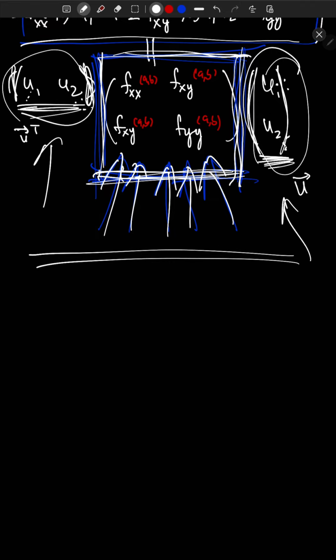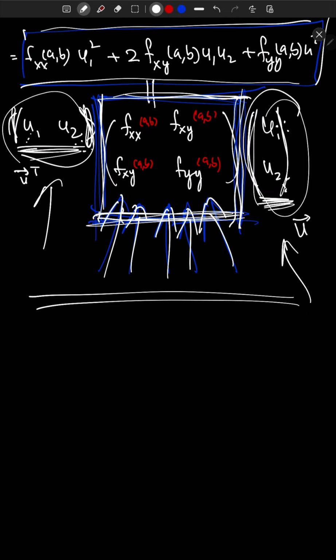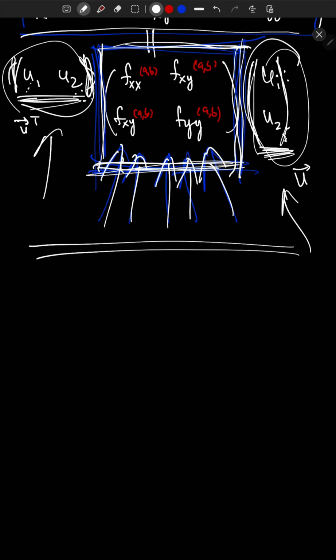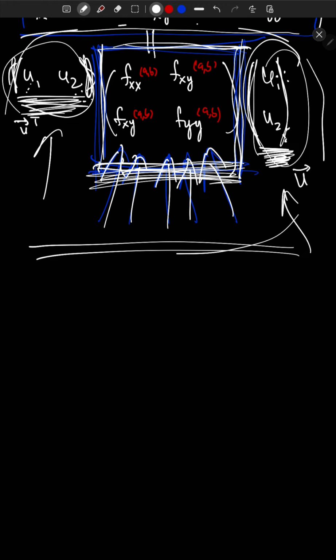Where does the second derivative test come into this? Well, at least the form that we saw. Let's say our function has a minimum. We expect that if we put in any direction u1 comma u2, this matrix multiplication expression is going to be positive, because if it's a minimum, it has to be concave up in every linear direction.